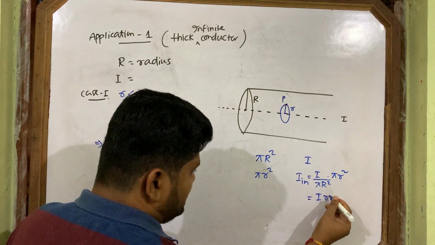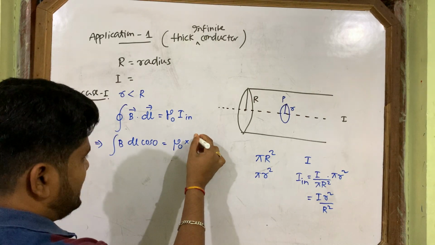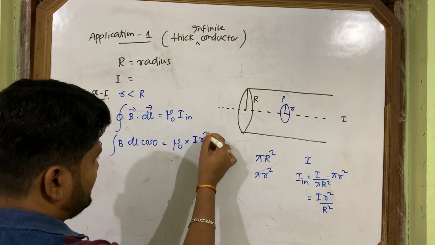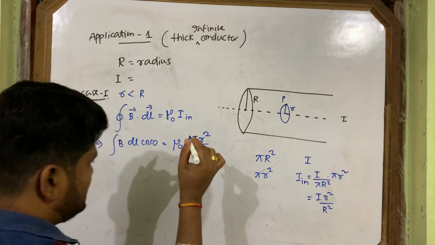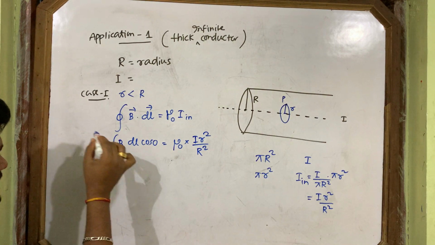Unitary method. I hope you understand this unitary method. π cancels, so I_in is I r² by R². So B is taken outside.